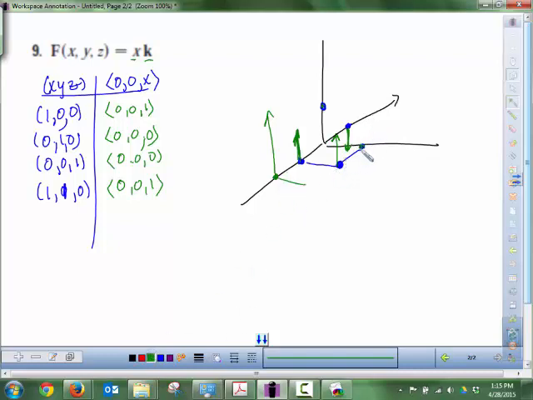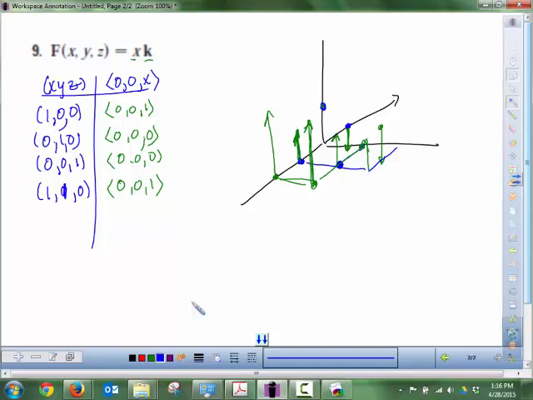So let me see if we can do another point over here. It gets a little messy. So again, use a program.